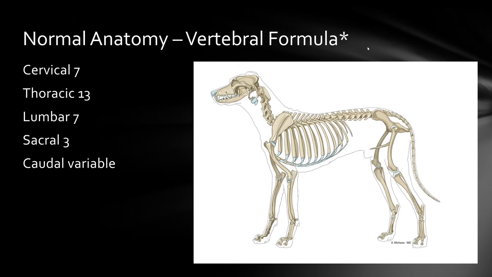Realistically, and I do not have a good percentage for you, a lot of animals have abnormal vertebral formula. 12 thoracic vertebrae, 8 lumbar vertebrae, transitional vertebrae, 4 sacral vertebrae, all variations all the time, usually incidental, but of course important if you're planning spinal surgery.